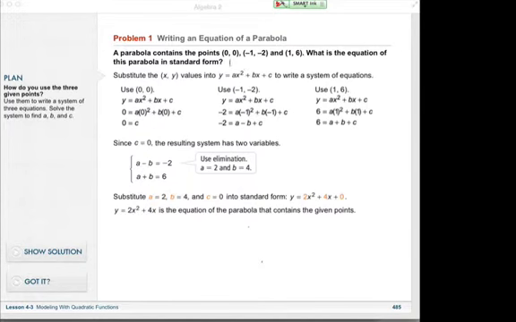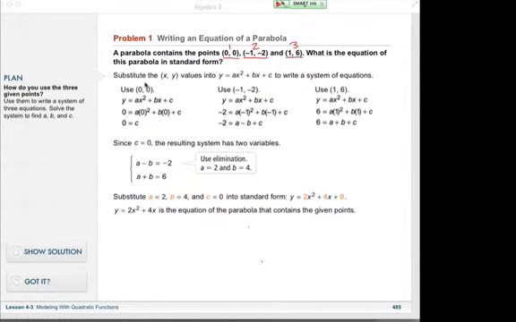So if a parabola contains 3 points, (0, 0), (-1, -2), and (1, 6), what's the equation of the parabola in standard form? So what we do is we substitute those x's and y's into the function y equals ax squared plus bx plus c to write a system of 3 equations. The 3 equations come from the 3 points listed right here.